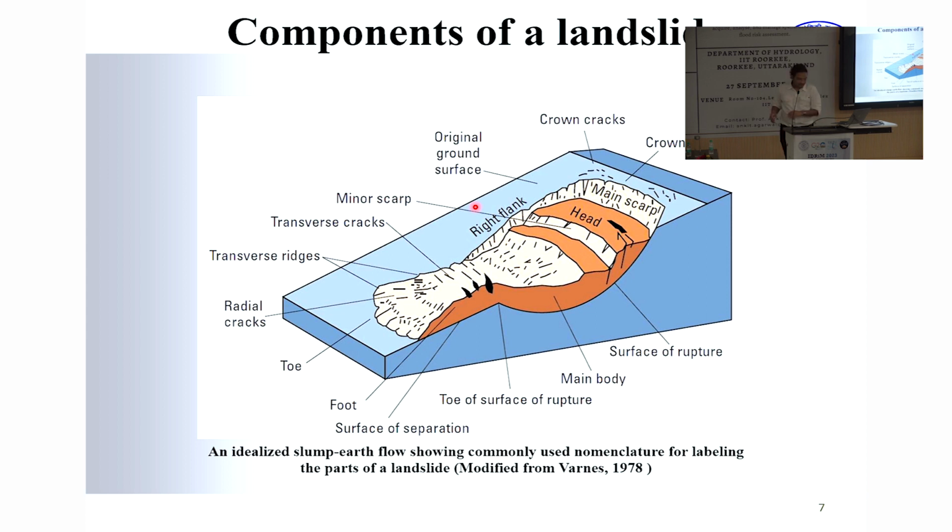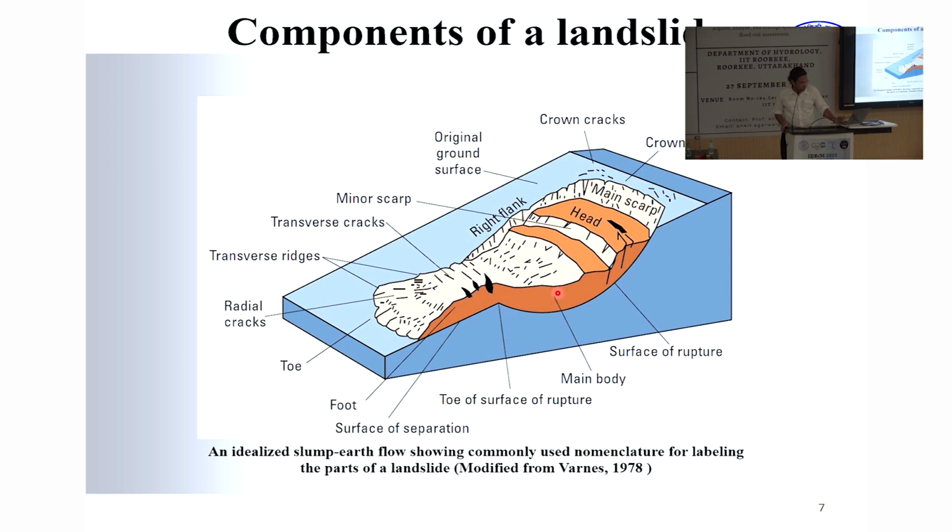Anyways, away from the tragedy and coming to the science. So we have the main scarp, the first fracture where the material starts to move, and then this material pushes the one below it, and thus we have a cascading effect of landslides. So it is an initial trigger movement, which starts to push other material, and then we have a big landslide.